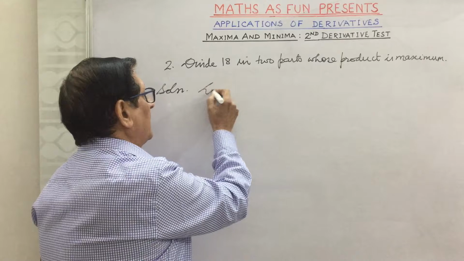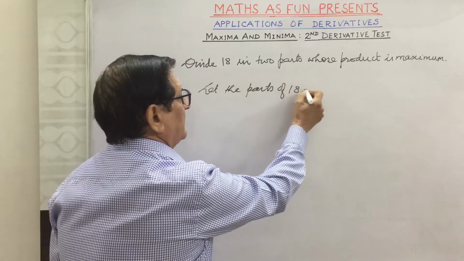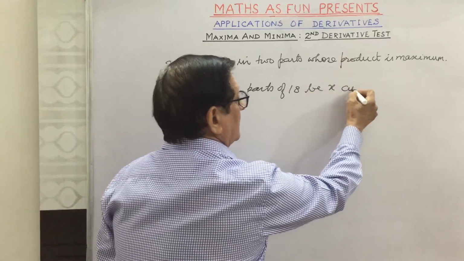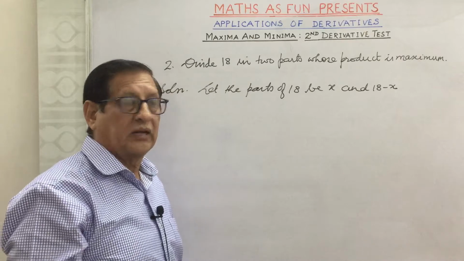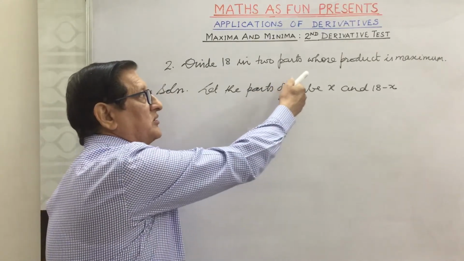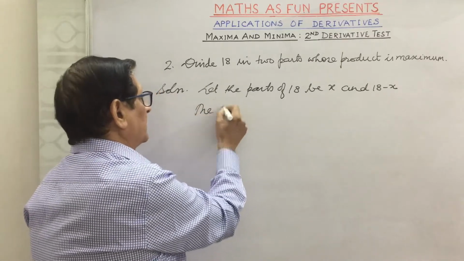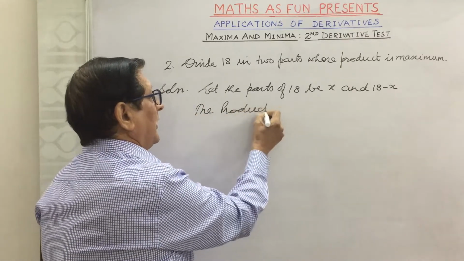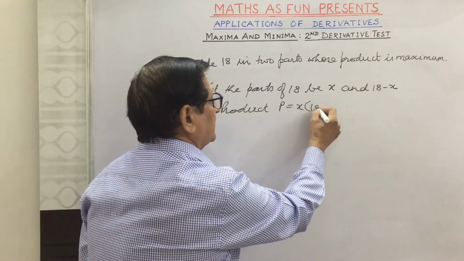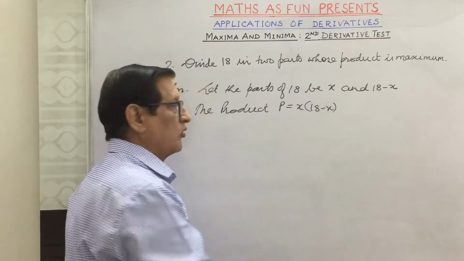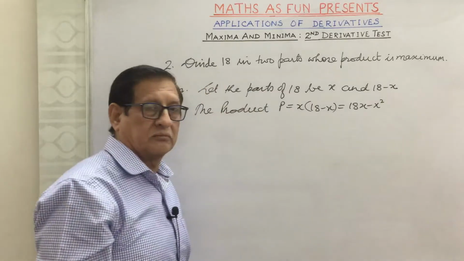So we can write, let the parts of 18 be x and 18 minus x. And then the function is to be taken in the form of the product of these numbers. So we'll write the product, and the product can be represented as P, that is equal to x into 18 minus x, which on simplification is 18x minus x square.